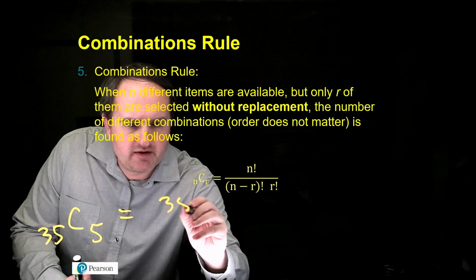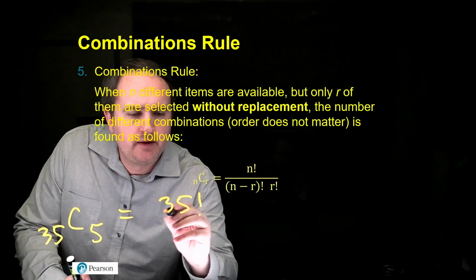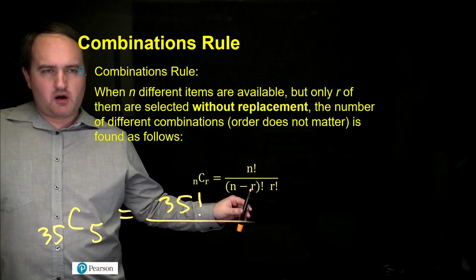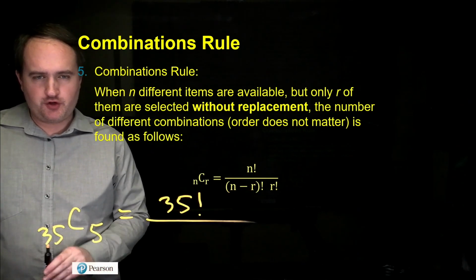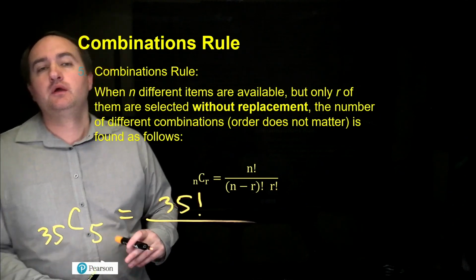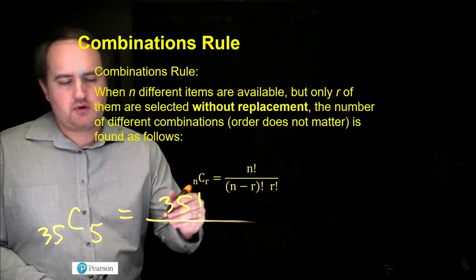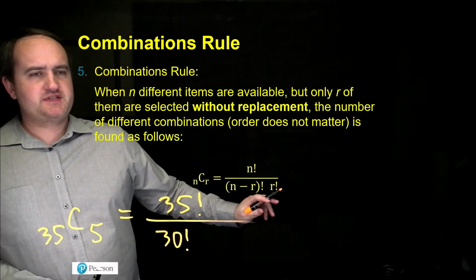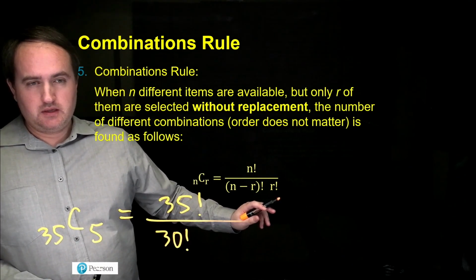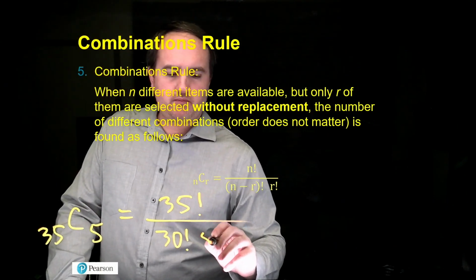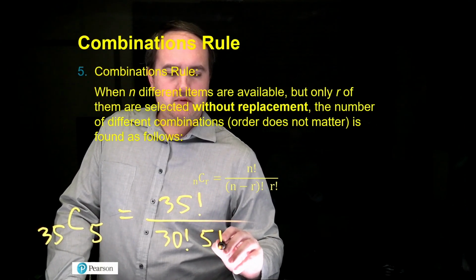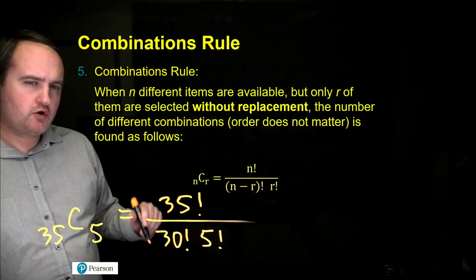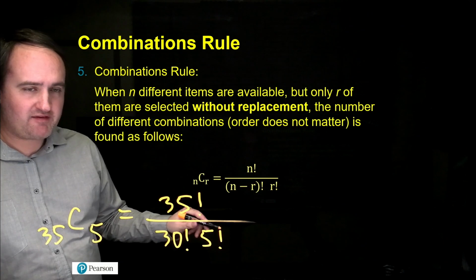So we've got 35 factorial on the top, and then on the bottom, n minus r factorial is going to be 35 minus 5, which we can probably do in our head, so that's going to be 30 factorial, times r factorial, so that's going to be 5 factorial. Okay, so we have 35 factorial over 30 factorial times 5 factorial.